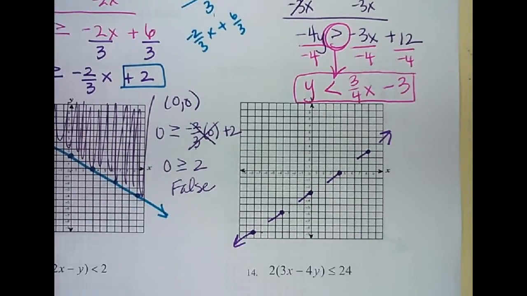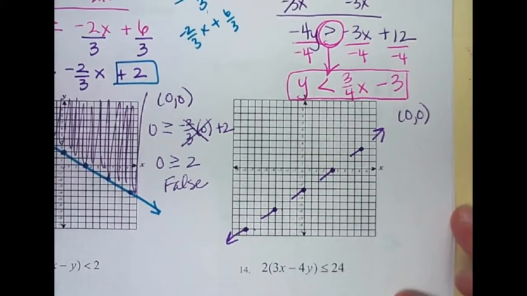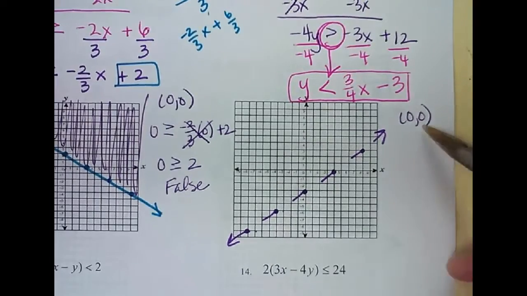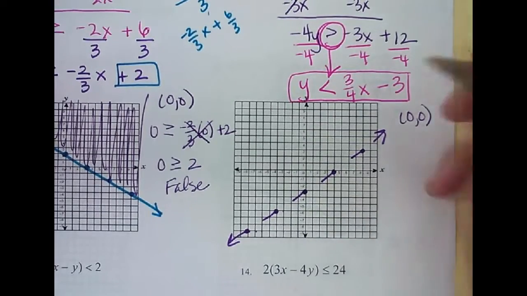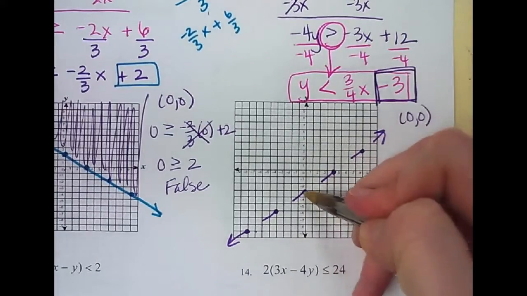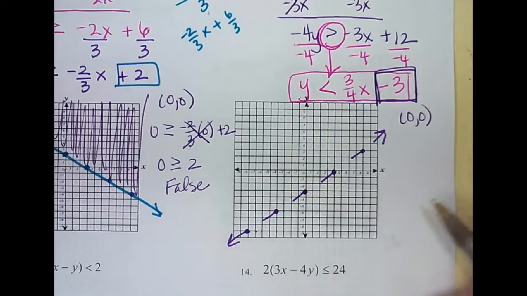And last thing, I need to check a point. So 0, 0. You always take this number right here, so -3 on the y-axis, and I graph that point, and that's where I start.